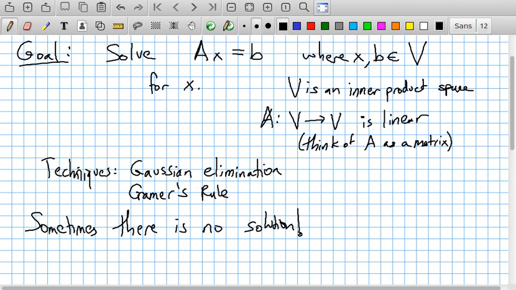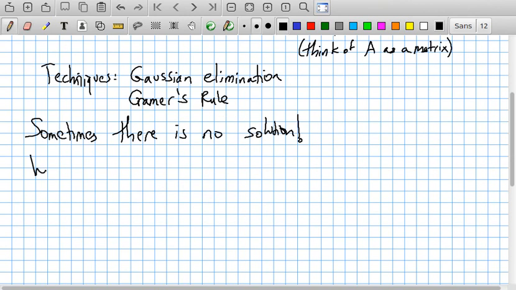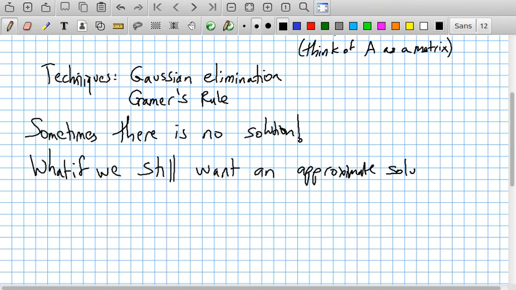But if you're, say, an engineer, you might look at this and say, well, the reason why there's no solution is because there's maybe some mistakes in specifying A or b. So suppose we still want a solution. So you want an approximate solution. What if we want an approximate solution?